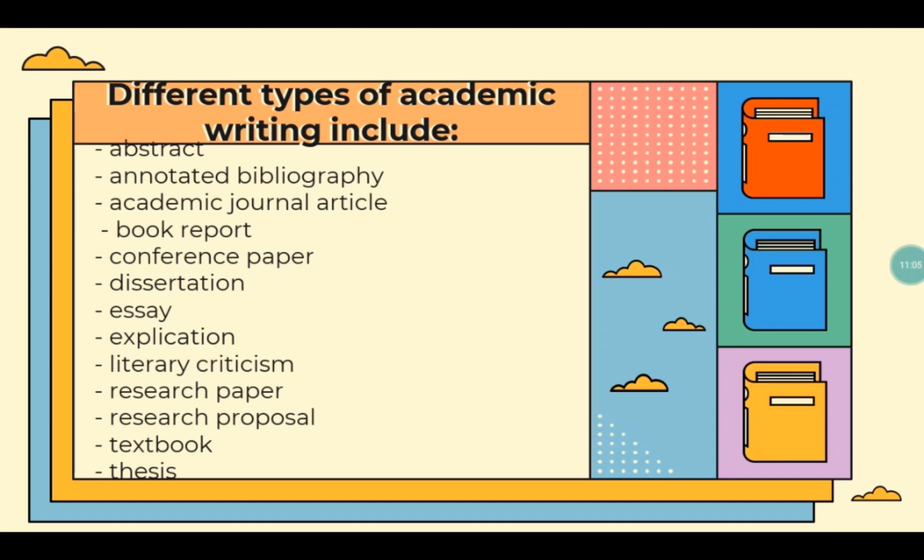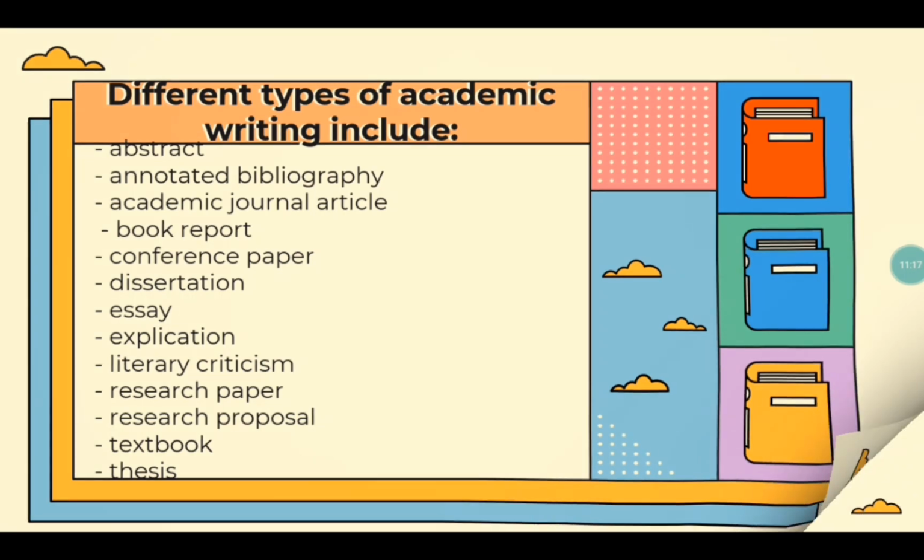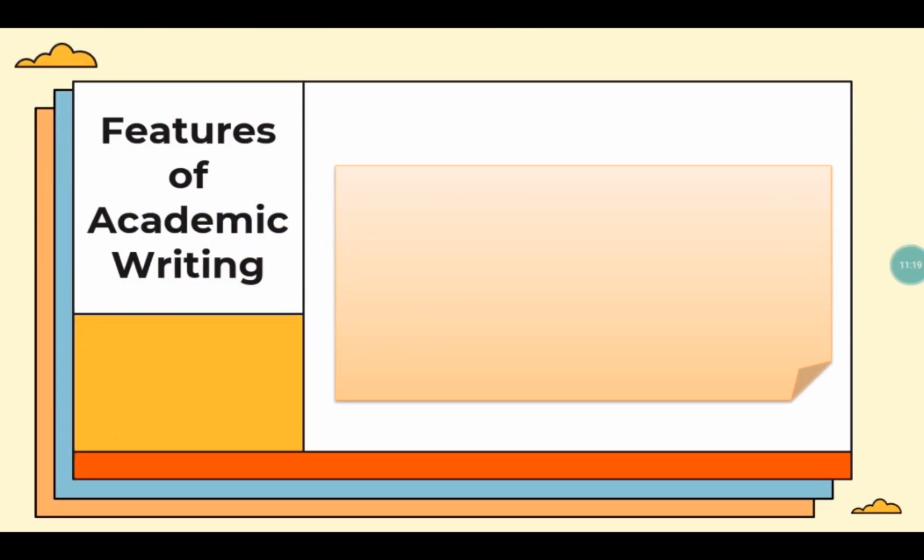We also have explication, literary criticism, research paper, as well as research proposal, textbook, and thesis. Let's have, what are the features of academic writing? We have 10. The first one is formality.